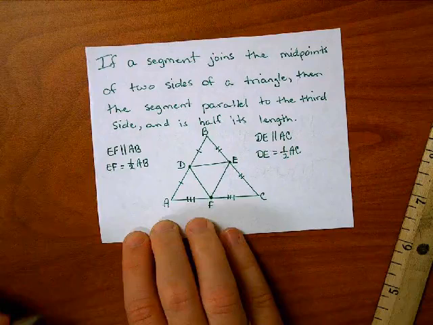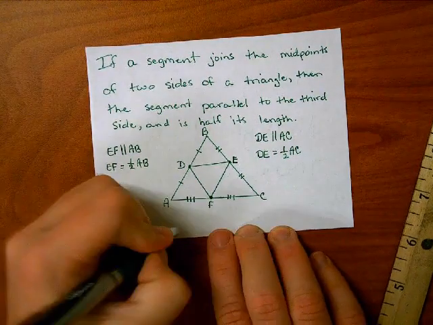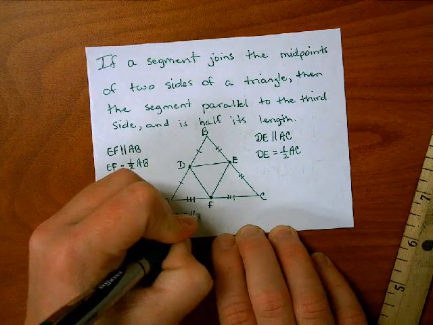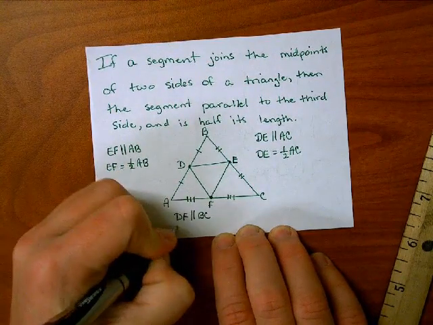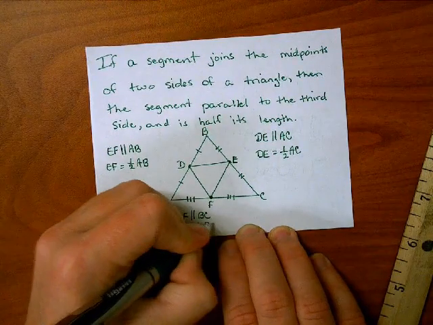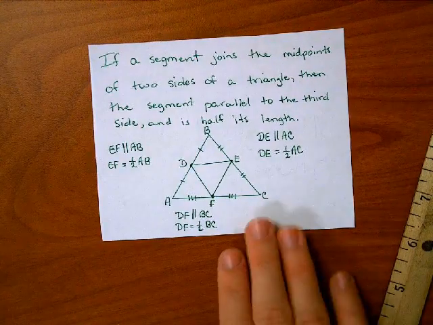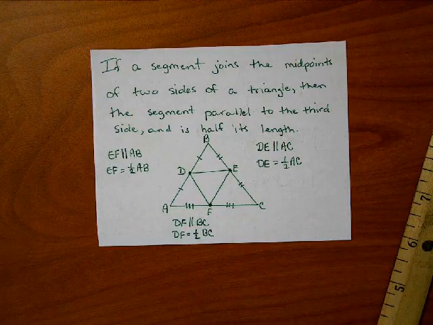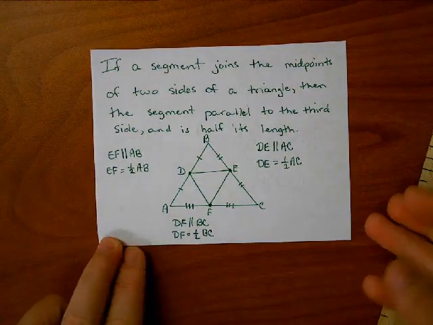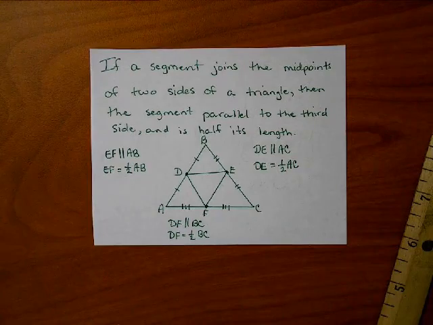And then our third midsegment, DF, is parallel to BC and is half of BC. So there is a good lot of information in this flashcard for the triangle midsegment theorem. Okay, so that's our first flashcard.